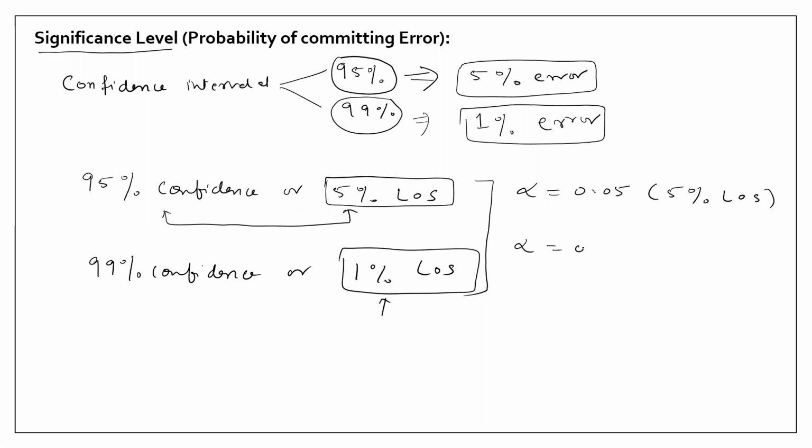If I say alpha is 0.01, I'm talking about 1% level of significance. For the two-tailed test, I have already told you how to find the critical value in the confidence interval itself. 5% level of significance means we take 95%, divide by 2, and whatever value we get, find it in the normal distribution table. The one-tail test I have not spoken about yet, I will speak about it in a while.